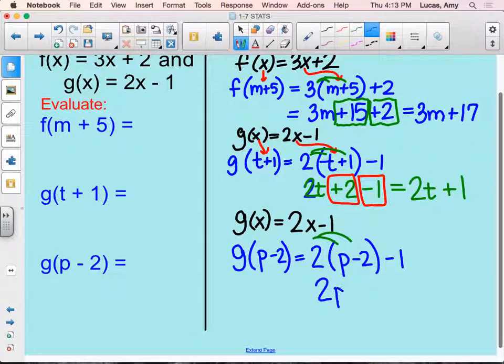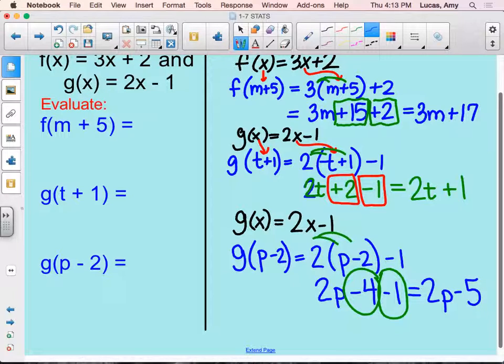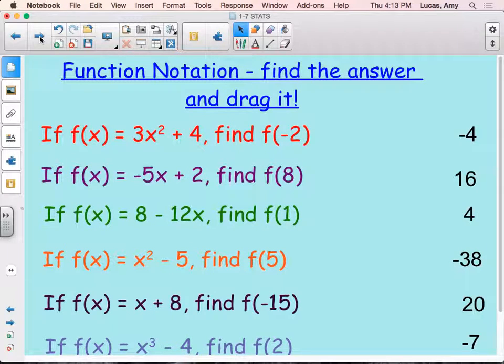So 2 times p minus 2 times 2. And then on this one, my like terms, they are both negatives. So if I combine negative 4 and negative 1, I get negative 5. 2p minus 5. So these are the trickier ones with function notation. A little bit more to it. Hopefully not bad though.